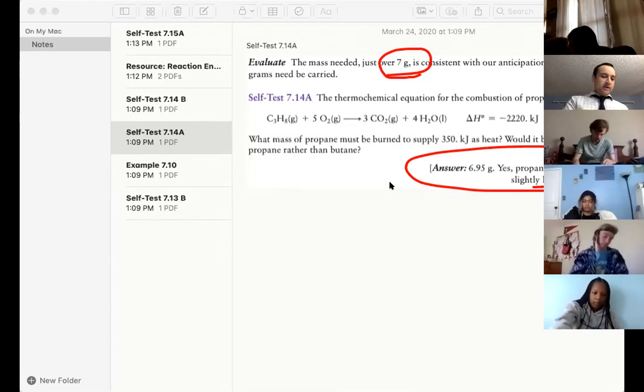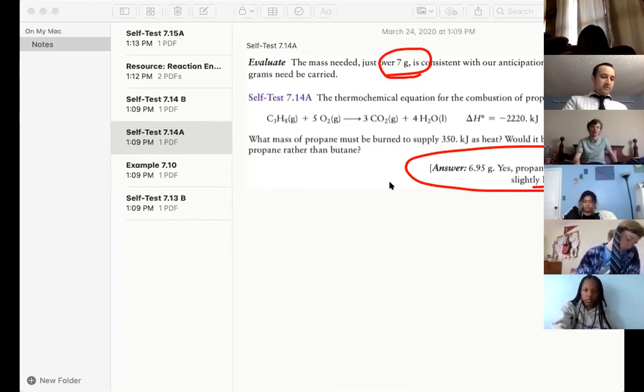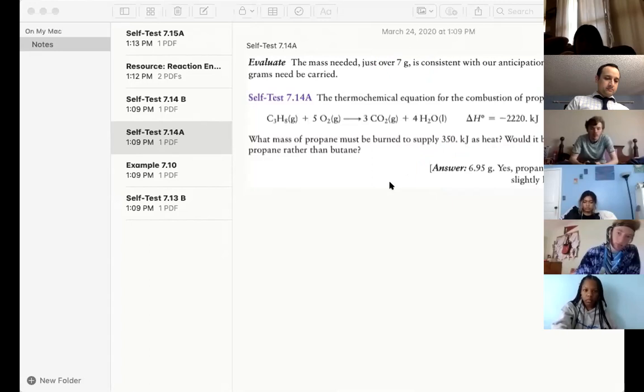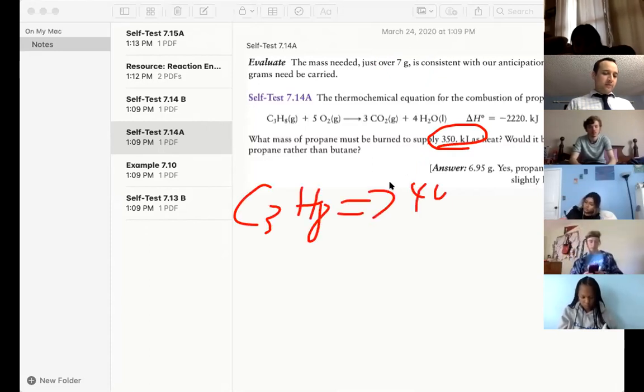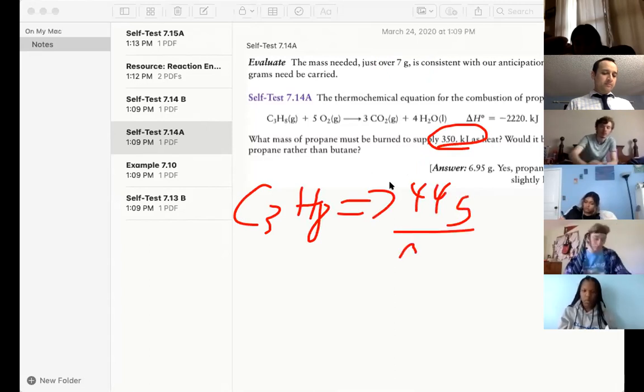So Idali, will you take us through the answer to this problem, please? Just take us through how you solve this. Okay, so first I calculated the grams for the C3H8, and that was about 44 grams. C3H8 implies 44 grams per mole.